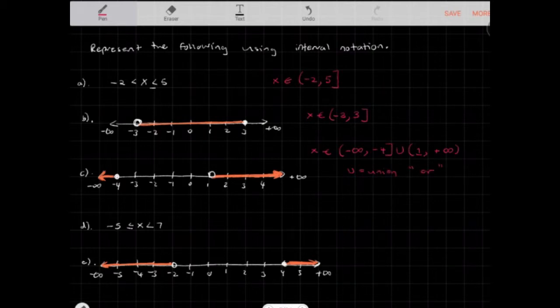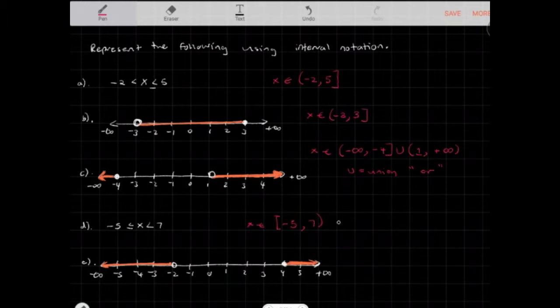Okay. Let's take a look at part D here. x is greater than or equal to negative 5 but less than 7. If we want to draw this out and represent this in interval notation, x belongs to negative 5. We're using a square bracket because it's inclusive of negative 5, and less than 7.